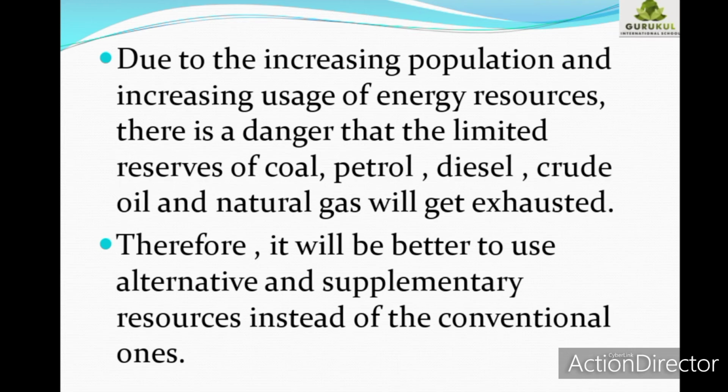We are not able to recreate them. So instead of using non-renewable energies, we should use non-conventional, renewable energy sources like solar energy, wind energy, tidal energy, or hydel energies.